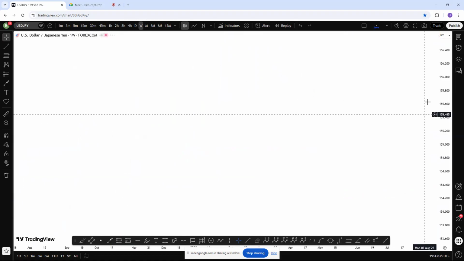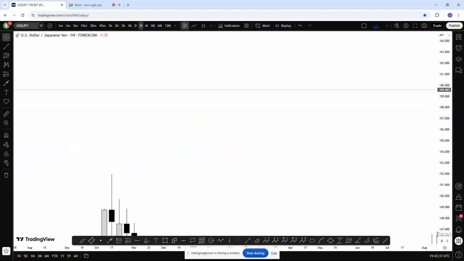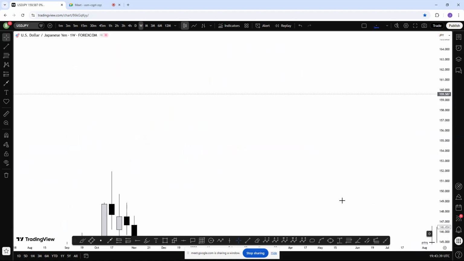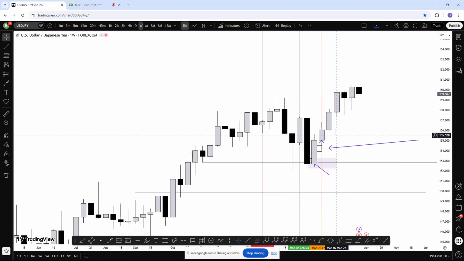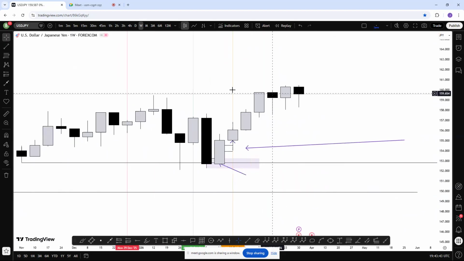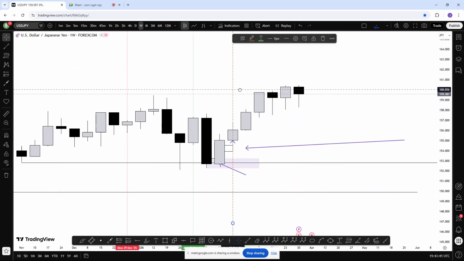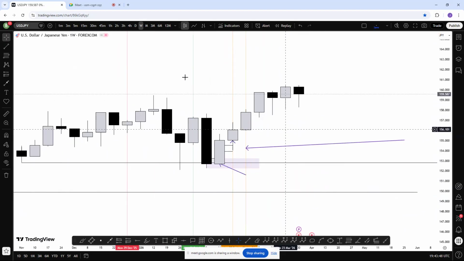Maybe you can find another example. Let's see if we find another example. Let's check on this candle, this one, to see if there's an opportunity there. So we go back to daily to find a key level because it's a weekly candle.